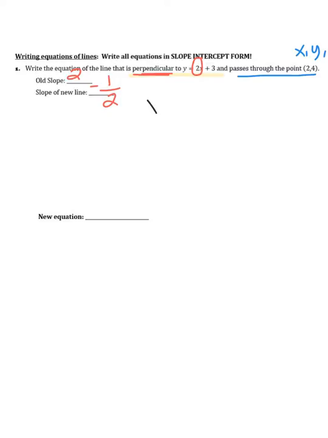So here we go. Let me start with my y minus, and I'm going to bring in the y1 value, so that's 4, equals, and I'm going to need my slope, so that's that negative 1/2. Make sure you use the new slope. And then we're going to have x minus, let's bring in that x value of 2.